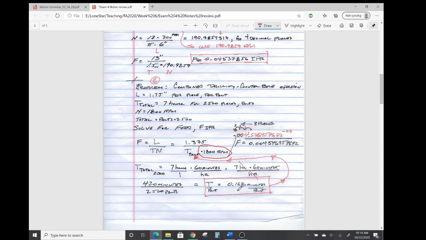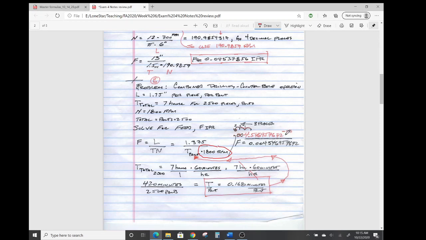That's pretty fast. It must be like a Swiss machine or something, pumping these little puppies out. All right. So that's time per part. Now you can plug your time back in here, time per part, and come up with a feed rate. Your calculator is probably going to give you 4.546957672 to the negative 3.